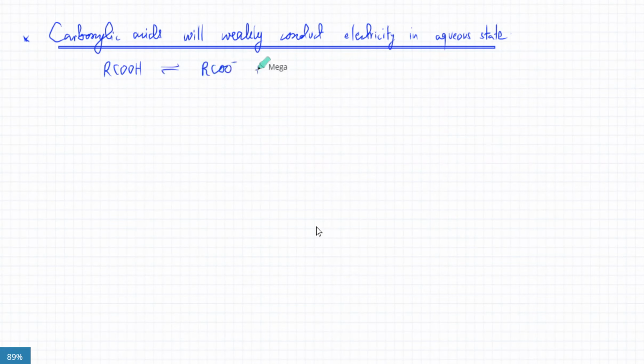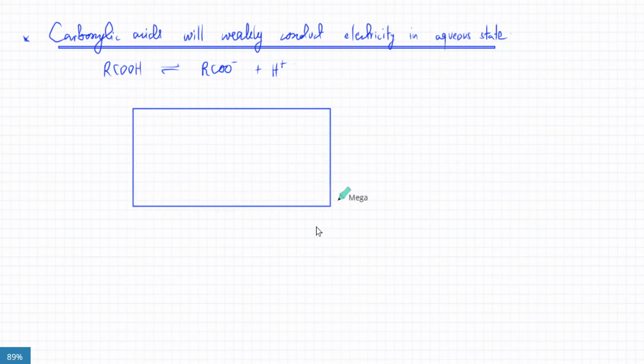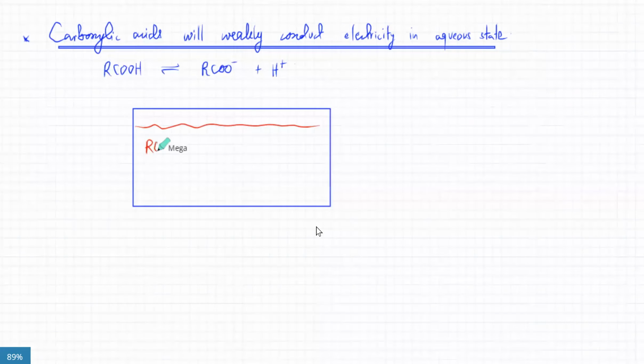So एक दो ions, the OH will break up and it would release an H+. So your solution, whenever you have a solution that contains carboxylic acid, most of the carboxylic acid are not going to ionize, most of them, because it's a weak acid.